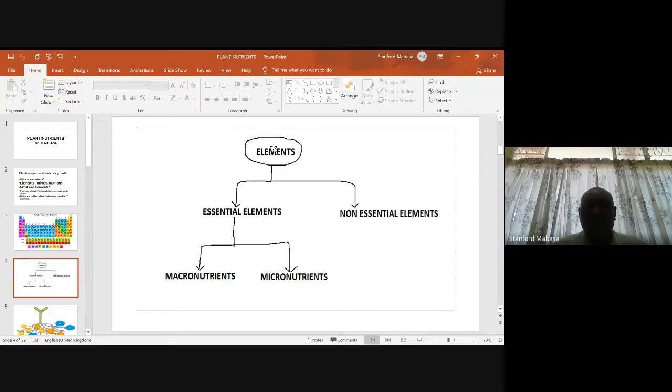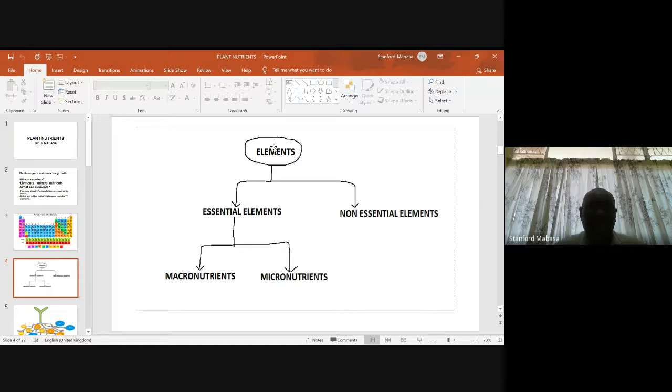So we have what we call non-essential elements and essential elements. Probably non-essential elements are not required by the plants, and the essential elements are the ones which are required for the plants for their growth and to complete their life cycle.